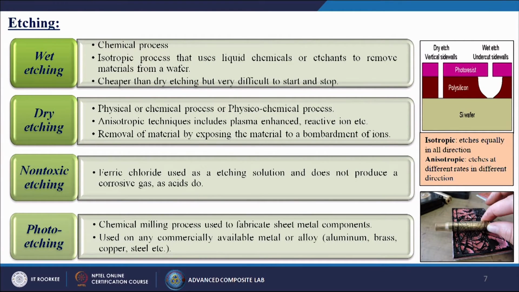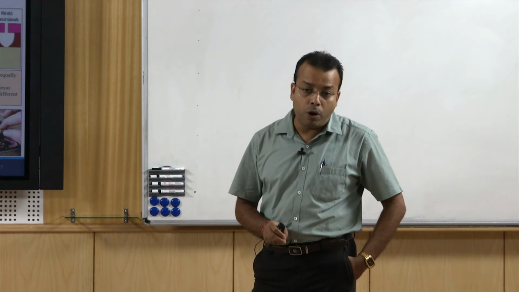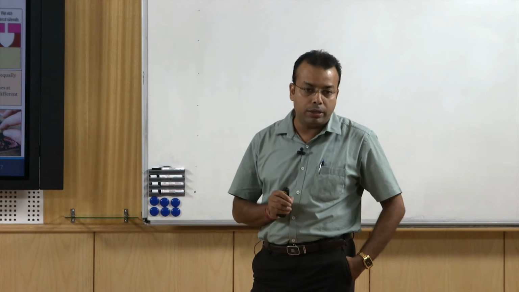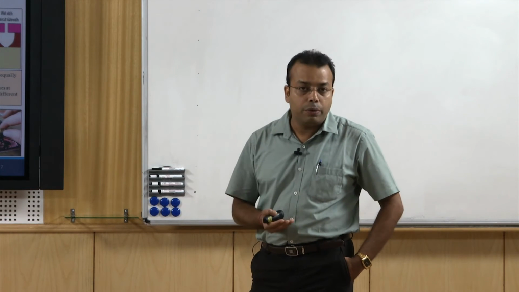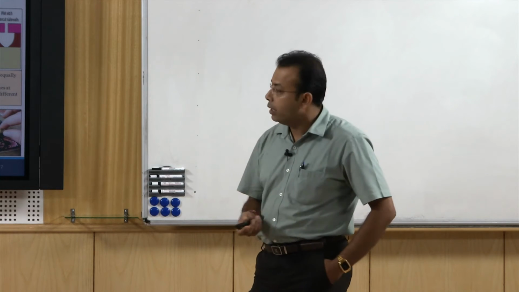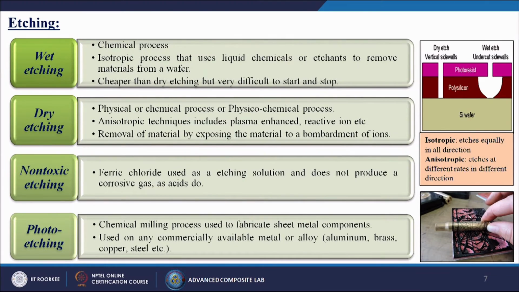The next one is called dry etching. From the name itself you can understand that we are not going to put our material into some liquid form or wet gel or something like that. Here we are doing it in a dry medium. It is a physical or chemical, or physico-chemical process. Anisotropic techniques include plasma enhanced, reactive ion, etc. It removes material by exposing it to a bombardment of ions.